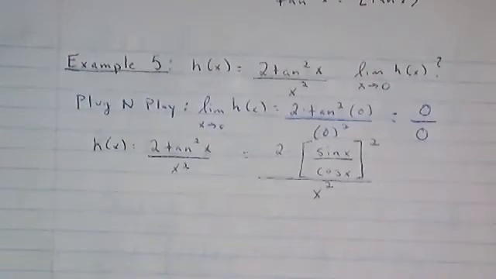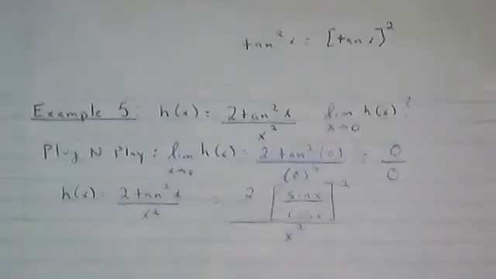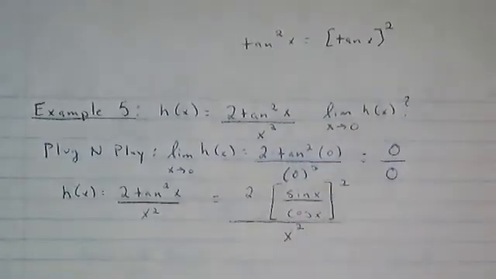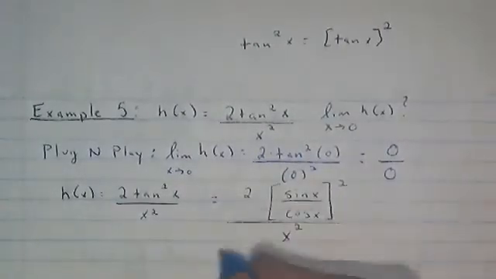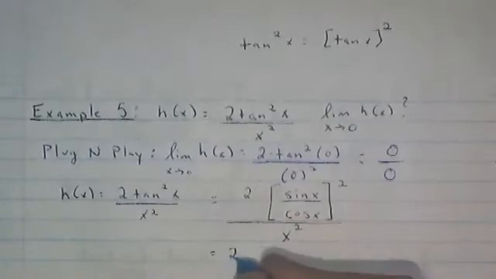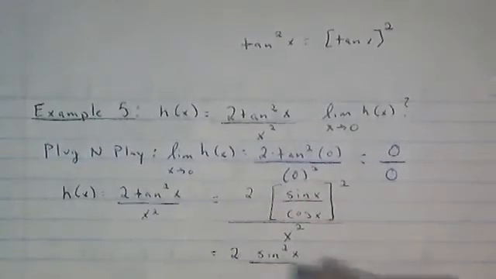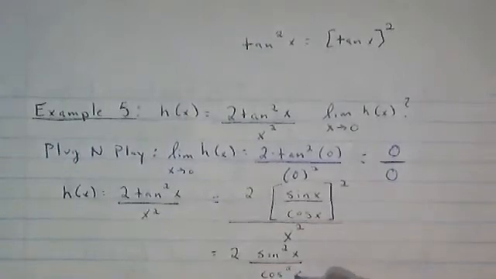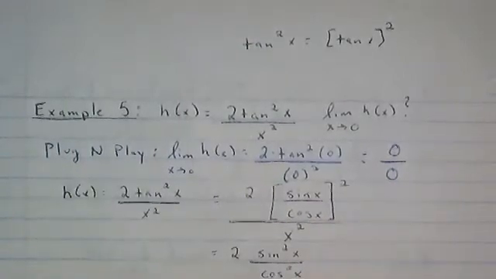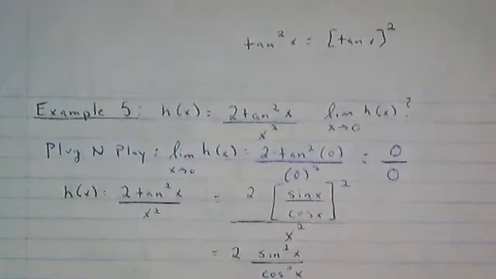Well, now at least we've got sine at the party. That's a good start, but this is pretty far from that. Let's keep finagling until you get where you need to go. Let's call this 2 times sine squared x over cosine squared x, divided by x squared.